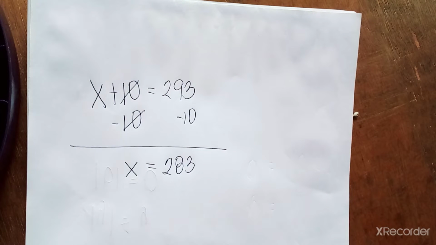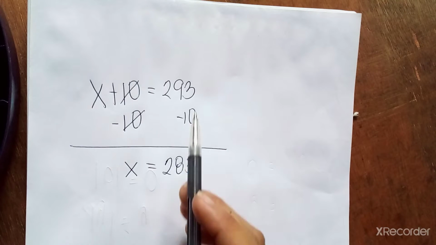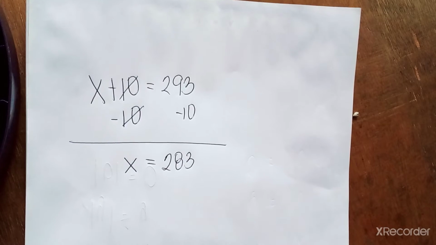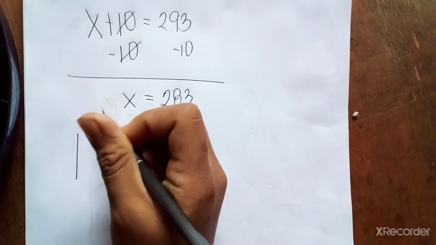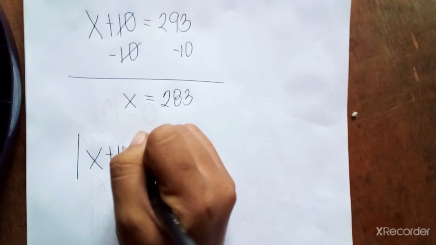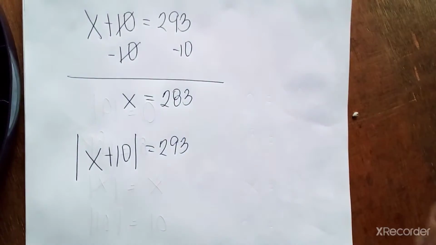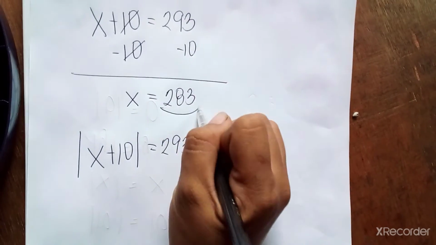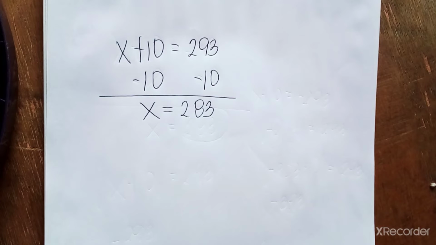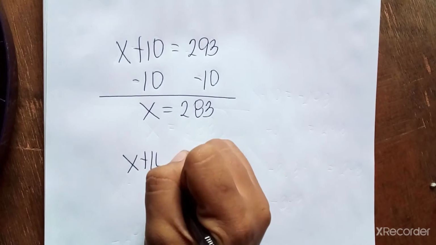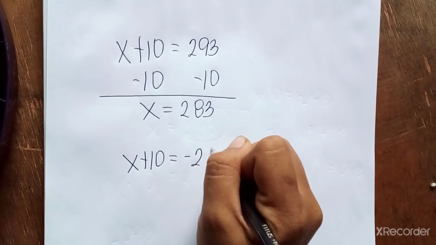So let's add absolute value into the same equation. So we have the absolute value of x plus 10 equals 293. We saw that one answer is 283. Let's think. What if x plus 10 equals negative 293?